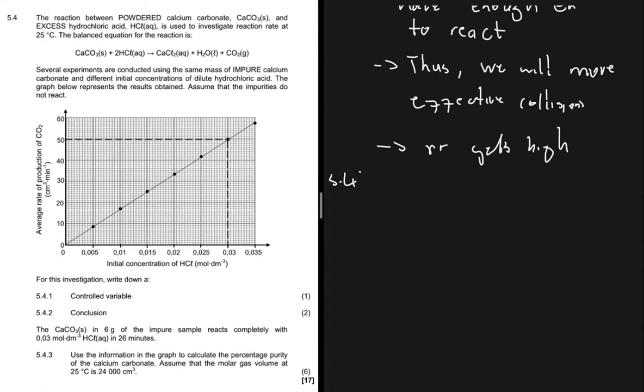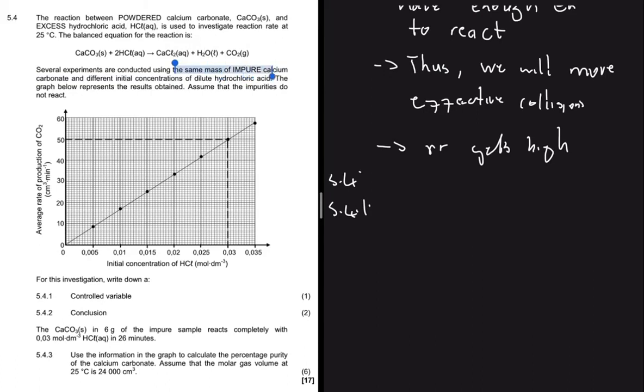Okay, it is said that we should assume that there are impurities that do not react. Okay, fine. And then 5.4.1 says controlled variable. By controlled variable, they mean the variable that is constant, is not being changed in any way, right? So if you pay attention to details, when I was reading that statement, it said same mass of impure calcium carbonate. I just highlighted it in blue on the left hand side.